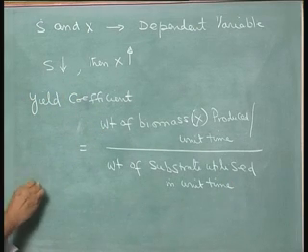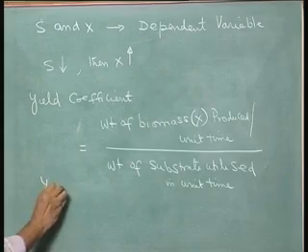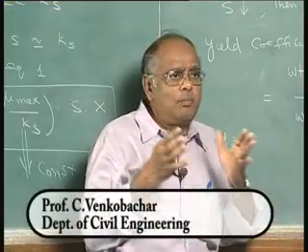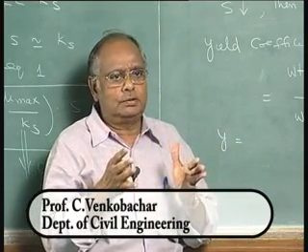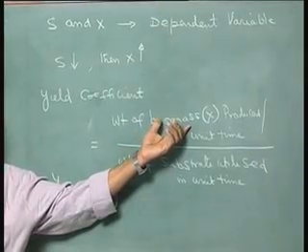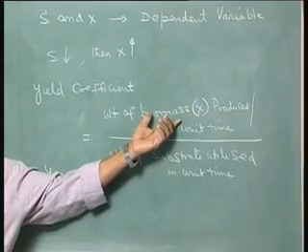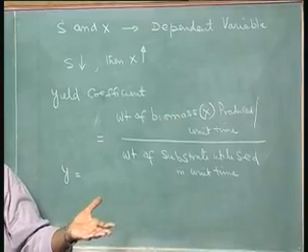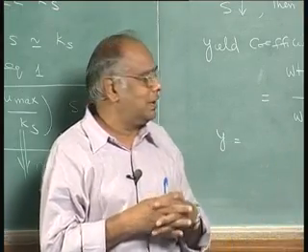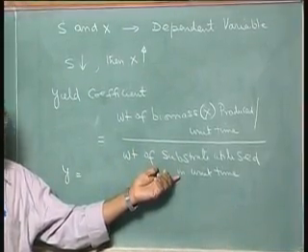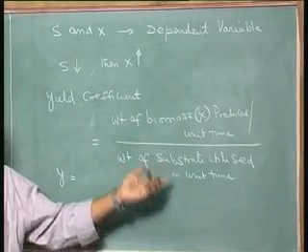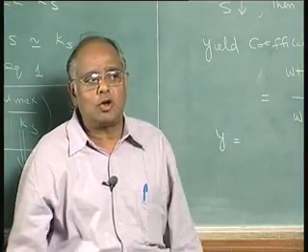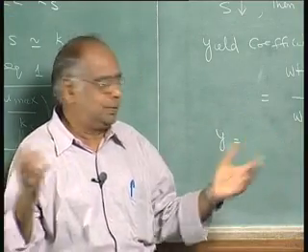So, mathematically I can write, Y is the yield coefficient, that is nothing but how many kilograms of microorganisms are produced in a unit time per kilogram utilization of substrate by the microorganisms. If microorganisms utilize 1 kilogram of substrate, how many kilograms of biomass is produced? That is nothing but the yield coefficient. It is just like the yield of a crop.